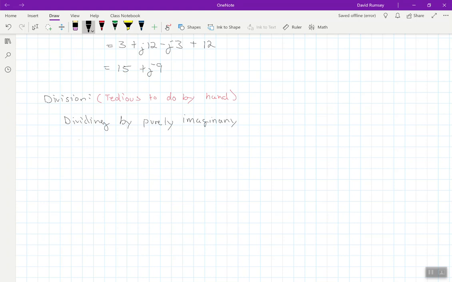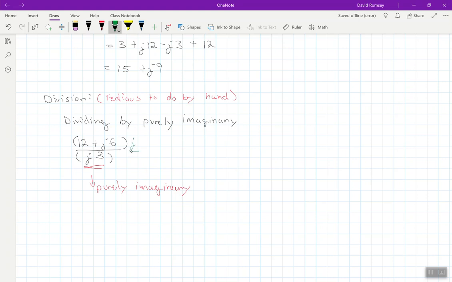So let's suppose we have 12 plus j6, and we're dividing this by j3. So what I want to emphasize here, this is purely imaginary. And what we actually do here is we multiply the top and the bottom by j.